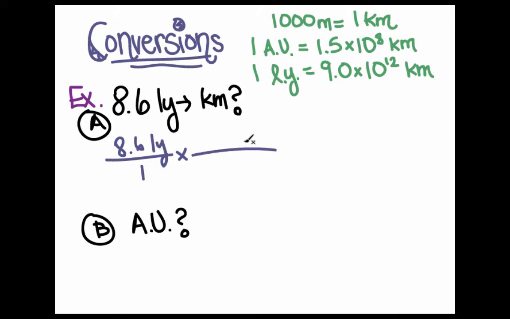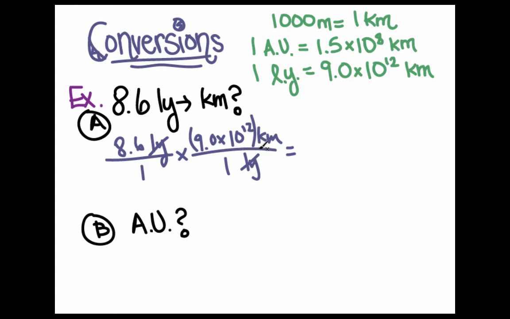Then now you need to figure out what goes on the top, what goes on the bottom. Because you want to be able to cross out your light years, 1 light year should go at the bottom, and the 9 times 10 to the power of 12 kilometers needs to go on the top. Now you're going to be plugging these two values into your calculator. Don't forget to include the brackets.